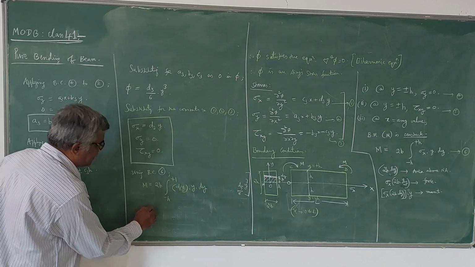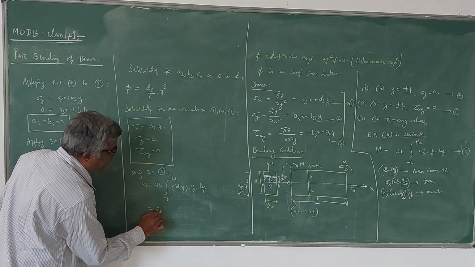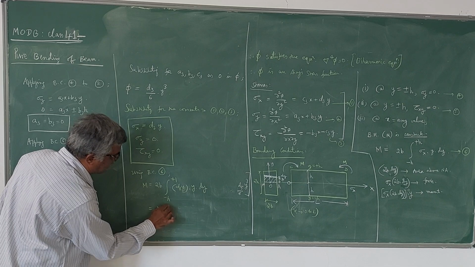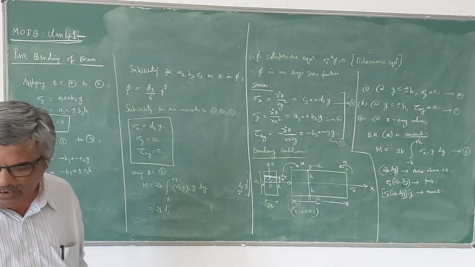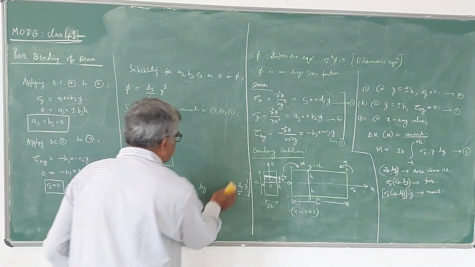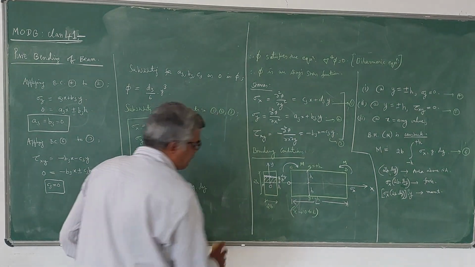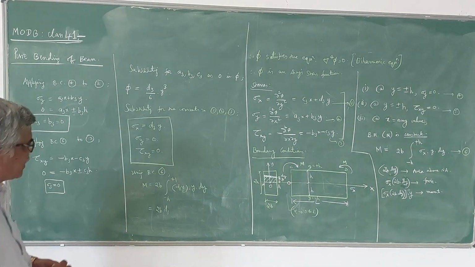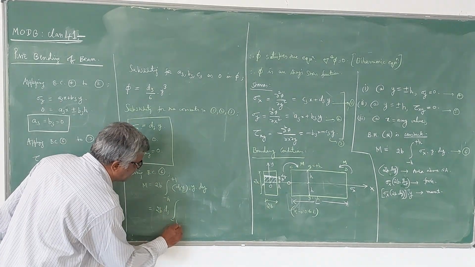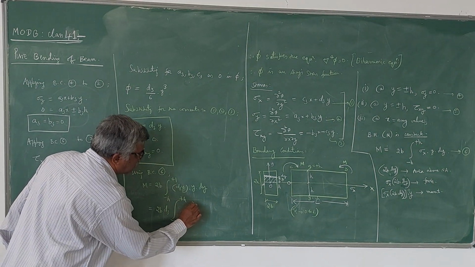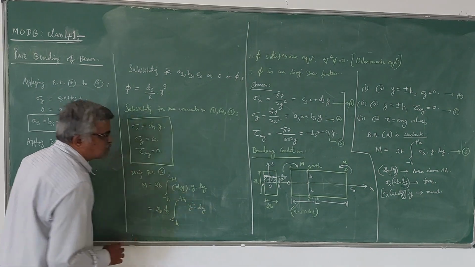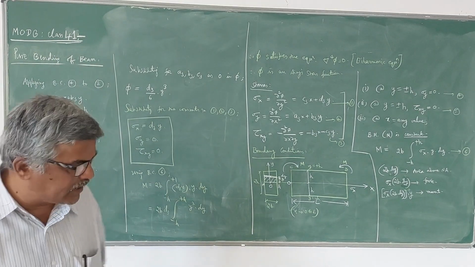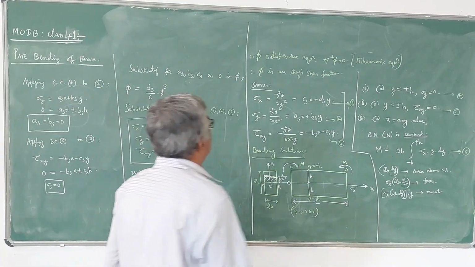Now let us simplify this. 2b into d3, which is a constant, so it can be taken outside, and the integral of y square dy between the limits minus h to plus h. Integrating y square dy gives y cube by 3.